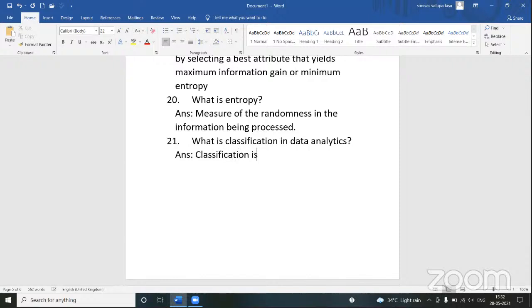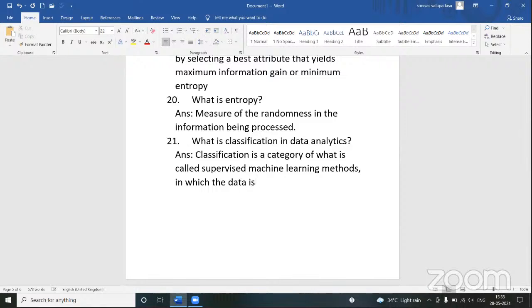Classification is a category of supervised machine learning methods in which the data is split into two parts, the training set and the validation set.